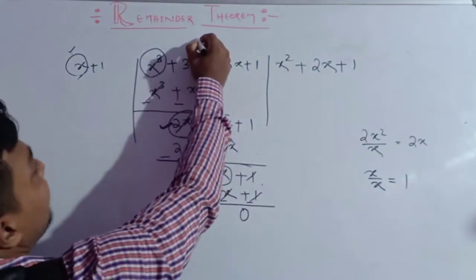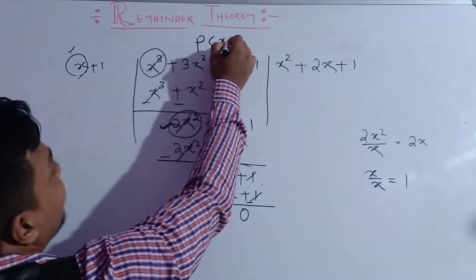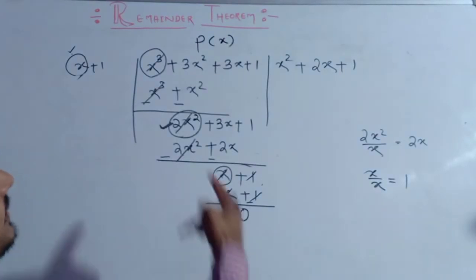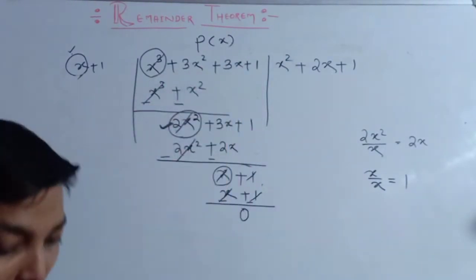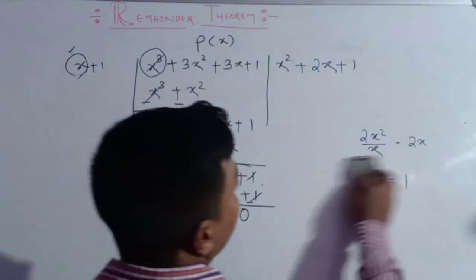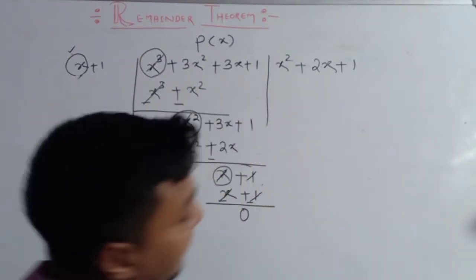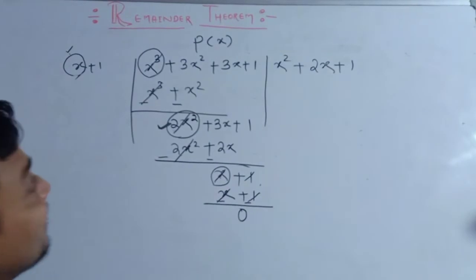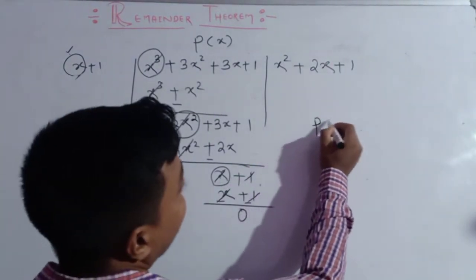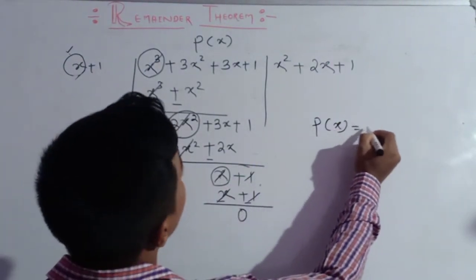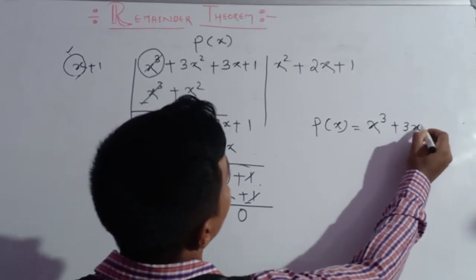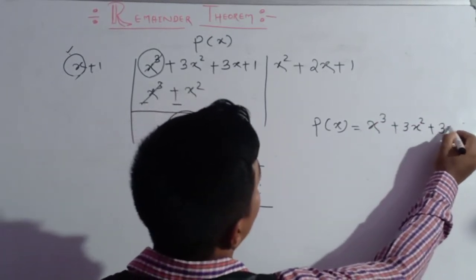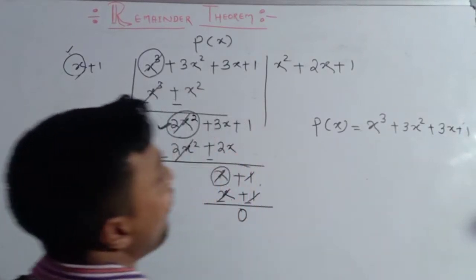Here this one is the polynomial p(x), where p(x) is equal to x cube plus 3x square plus 3x plus 1. Once again, for your better understanding, the polynomial p(x) is given as x cube plus 3x square plus 3x plus 1.